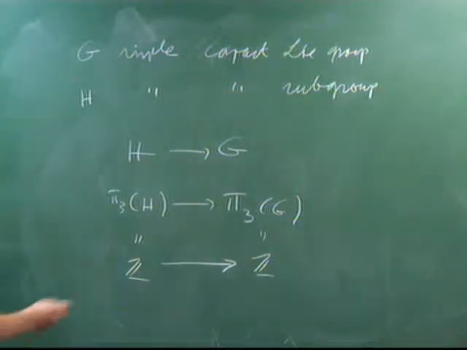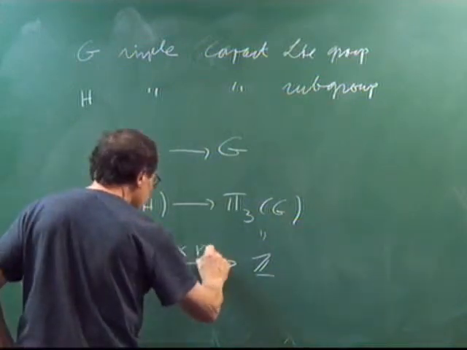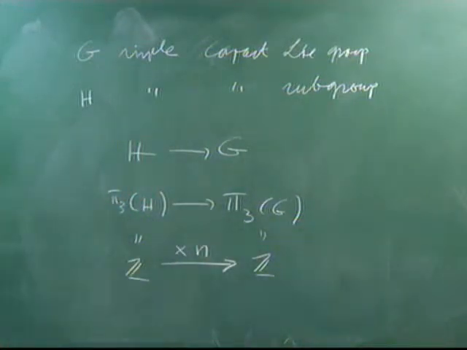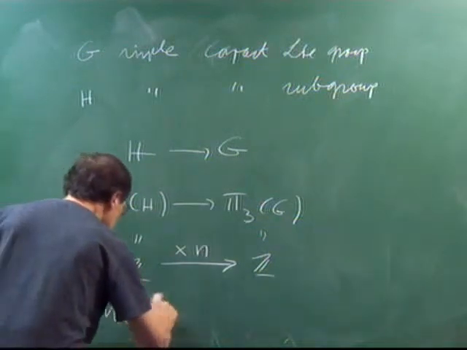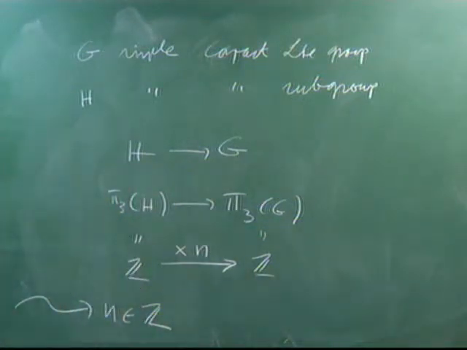And that must be multiplication by some integer. Right? So to this situation is associated an integer in Z. And that's called the Dynkin index.